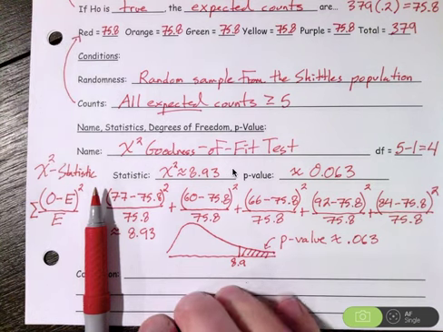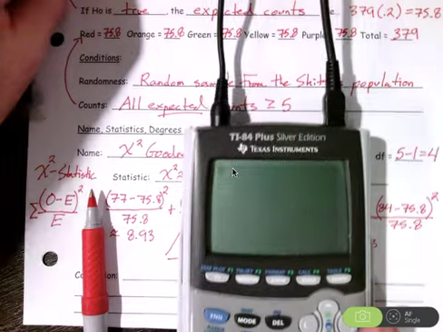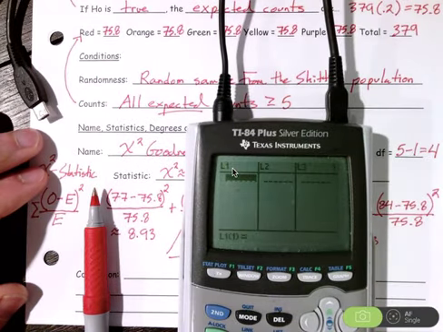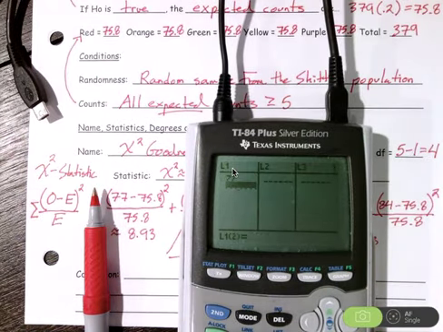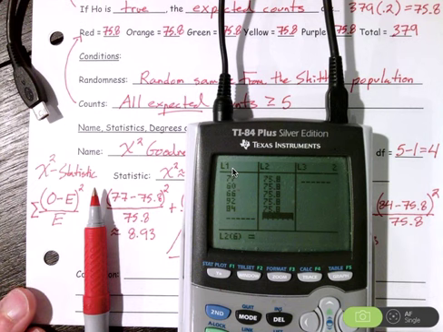Now, if you don't have the chi-squared goodness of fit command, I put a program on your calculator where you can do the same thing. Of course, you need the observed counts in list 1 and the expected counts in list 2. This is mostly for the people that have the TI-83s.